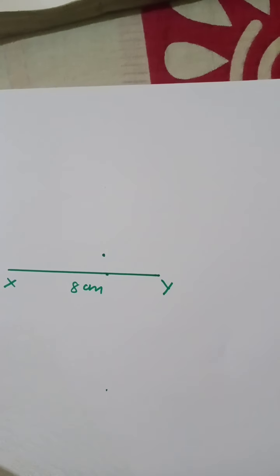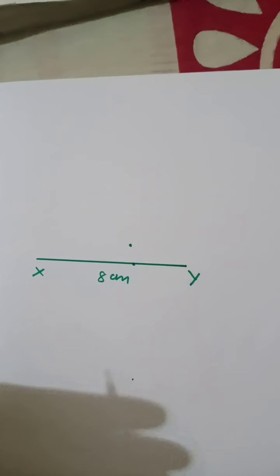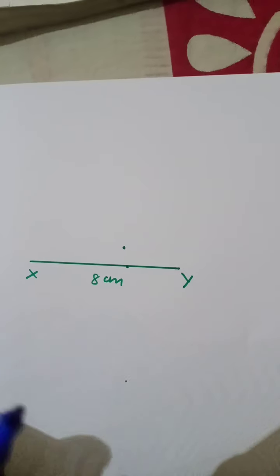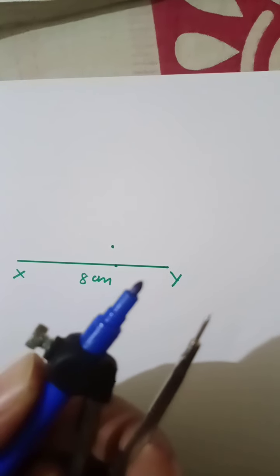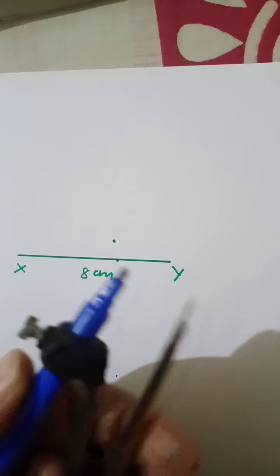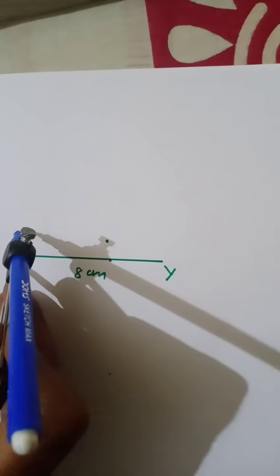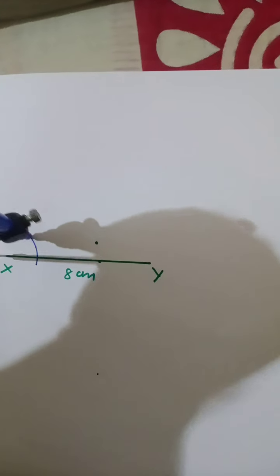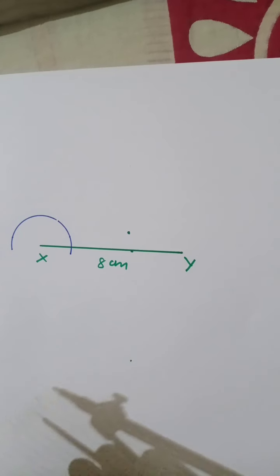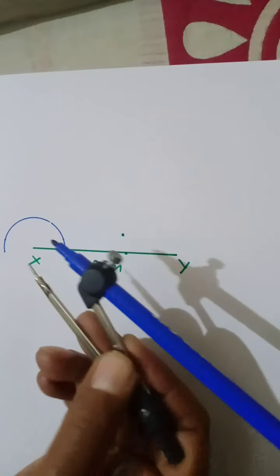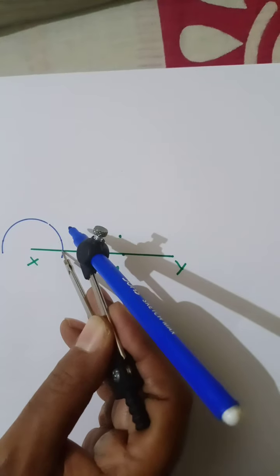Then at X we will make an angle of 90 degrees. So open the compass, not very much and not very small. Put the needle here. Draw an arc. Now you will not change the radius of the compass.